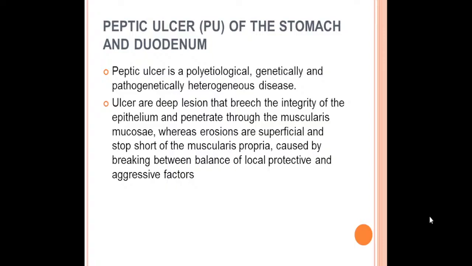Also, gastric and duodenal ulcer occur infrequently in children. The prevalence is unknown. Gastritis and ulcer of the duodenum or stomach can be classified either as primary or secondary. This classification is arbitrary and predates the knowledge of the association between Helicobacter pylori infection and duodenal and gastric ulcers.